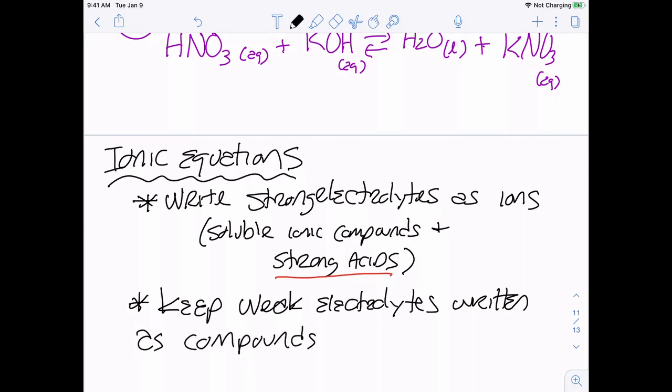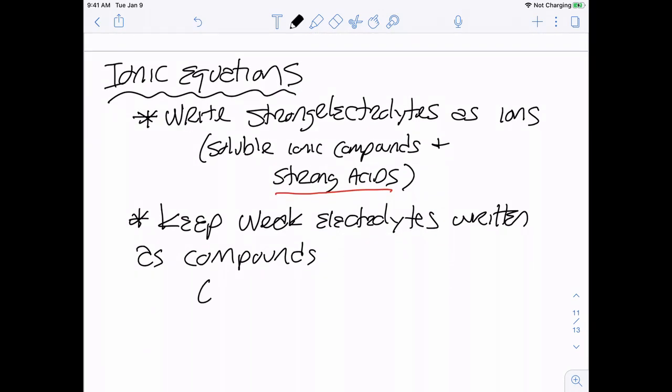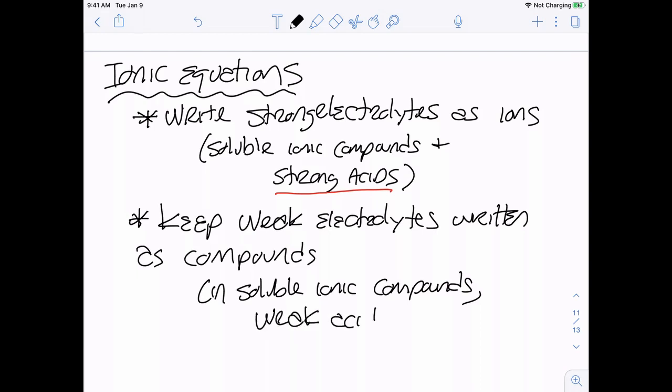So this includes insoluble ionic compounds, weak acids, and weak bases. I won't have you do it with a weak base, but just to be complete, I am going to include it here.